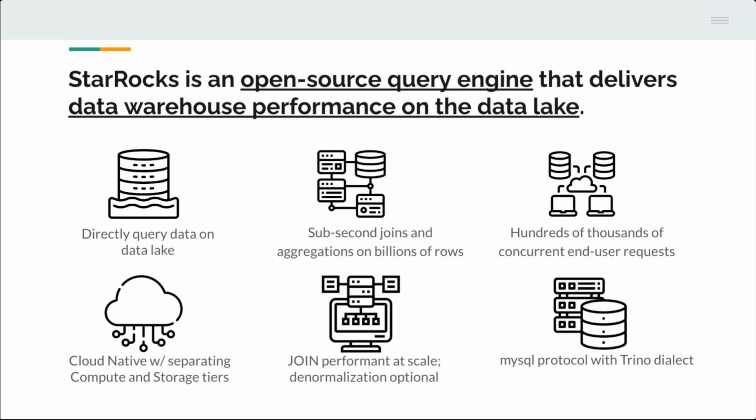You have hundreds, if not thousands, of people bidding on keywords, and they all expect low latency. So we had to design a system that could support that type of concurrency all the time, and we think we've done a pretty good job of this.